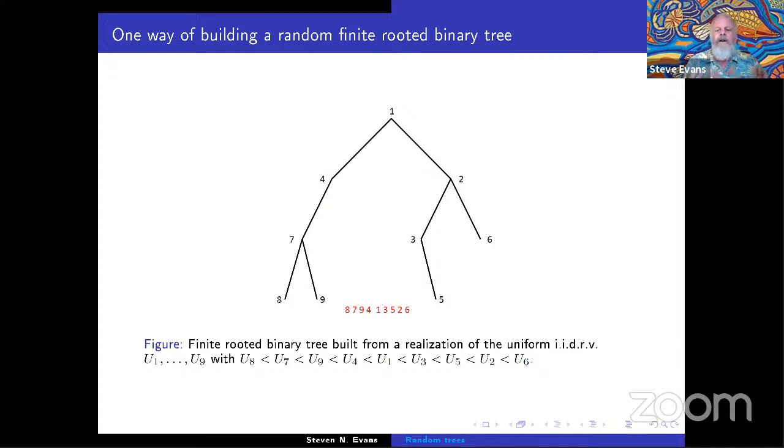Okay, so that would work for any value of n. And of course, we could do this now for a whole infinite sequence of uniform inputs and proceed to get a family of growing finite rooted binary trees.